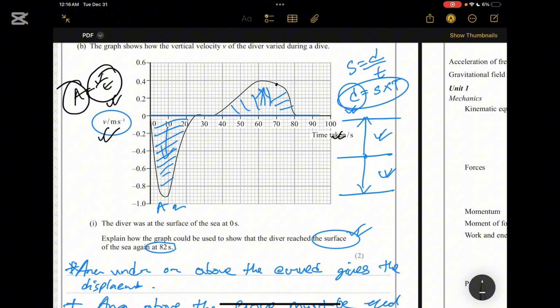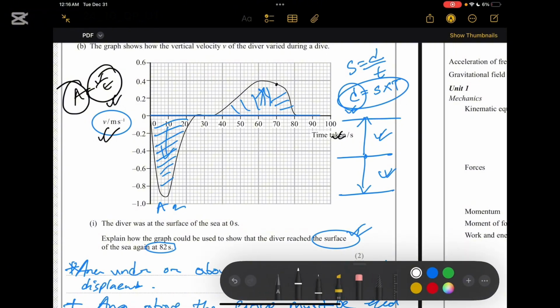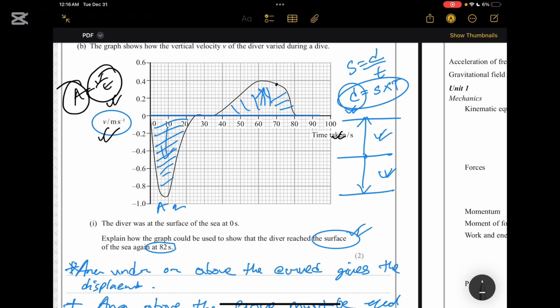So the gradient of the VT graph gives us the acceleration. So let's draw a line right here. So this is the line.